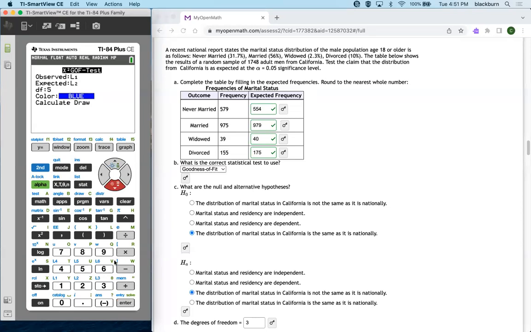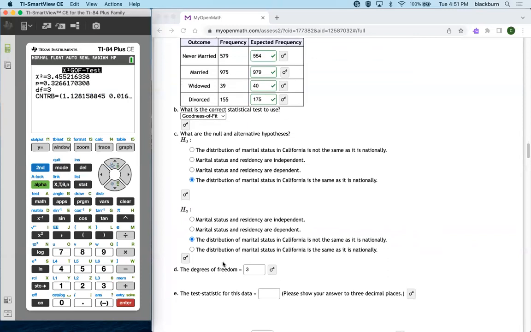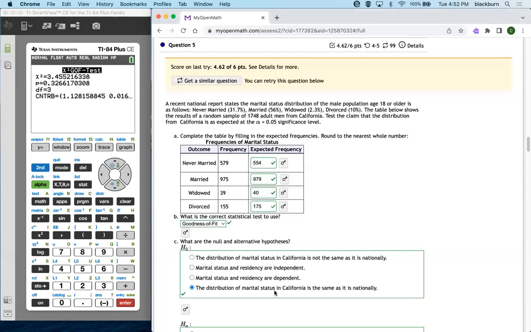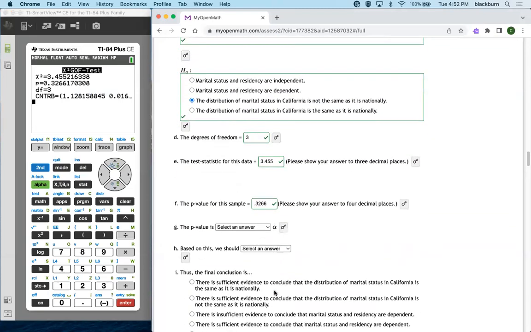My degrees of freedom was 3, so I have to switch that. Then I go down to calculate. My test statistic is 3.455. My p-value is 0.3266. Do those take? Very good.